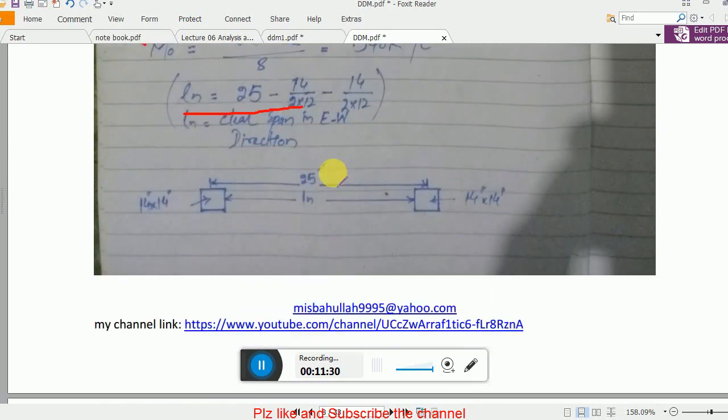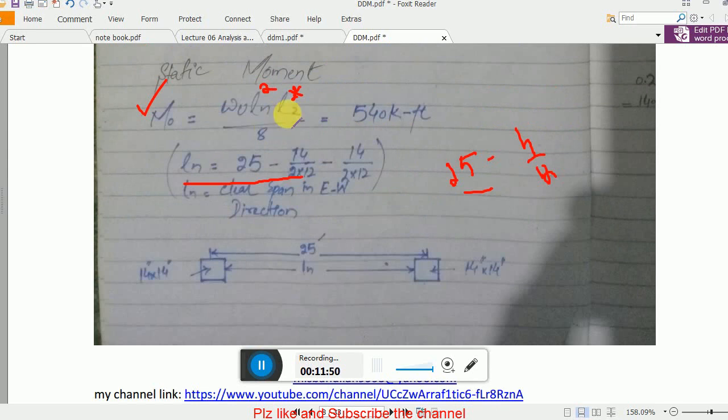Remember, I graphically showed here 25 from the center of column to the center of column. If these columns are square, then you simply do 25 minus size of the column divided by 12. If these are different, then you have to use this one. It comes out to be 23 point something, and you square it and then multiply with L2 and with Wu divided by 8, you got this one.